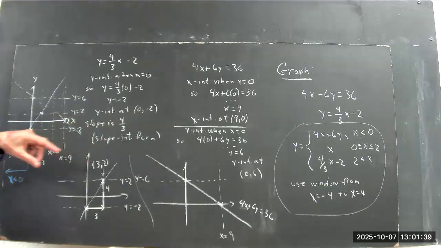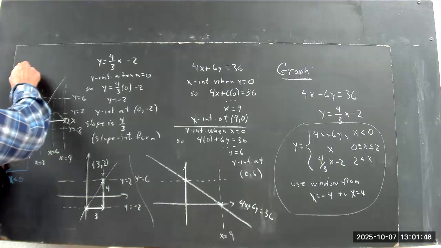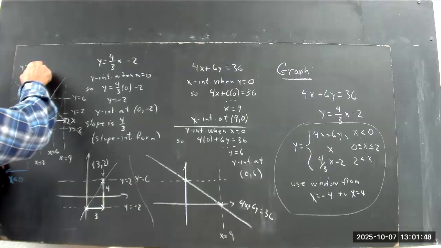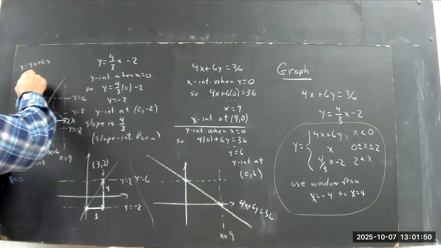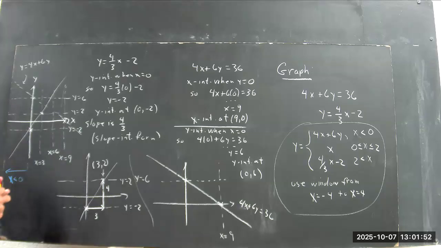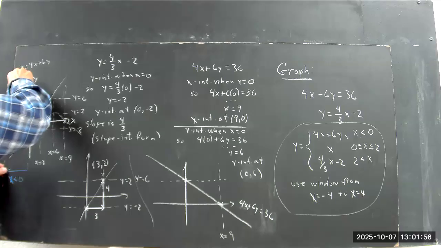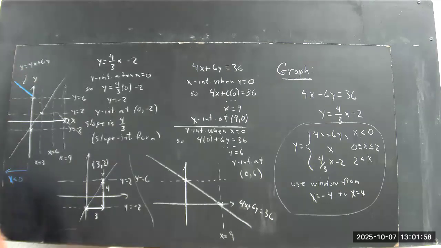Whenever x is less than 0, we're on the curve y equals 4x plus 6. There it is. Well, that means that I'm going to darken that part of the curve.